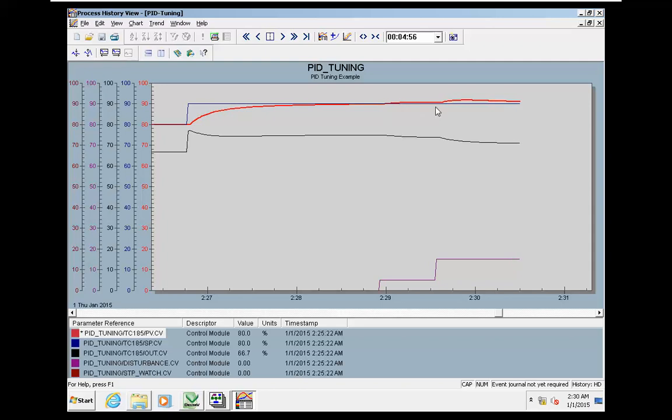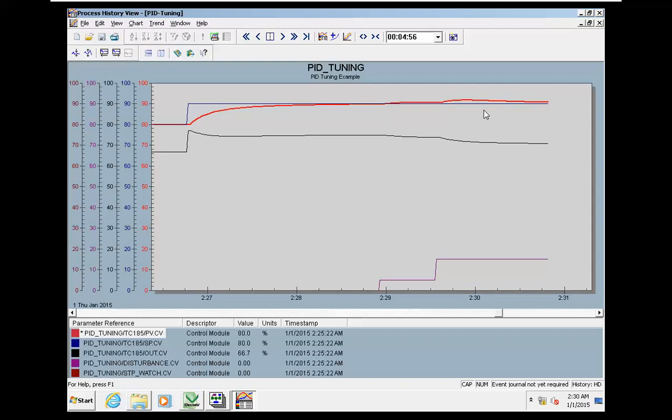The next responsibility is rejecting or compensating the process disturbance. We had a huge process disturbance here, and the PID controller is able to compensate that.